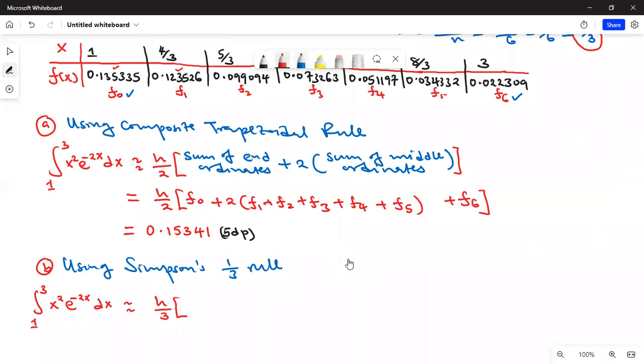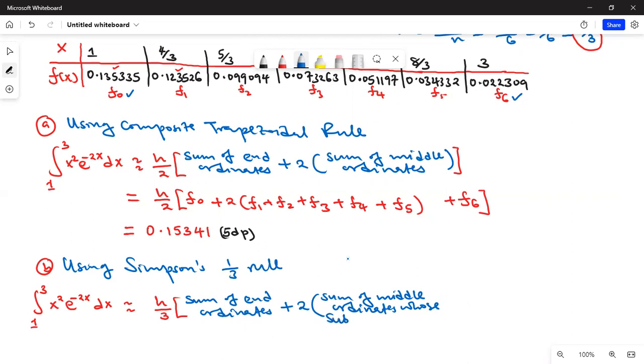Times, I want to state it in words, just like the trapezoidal one. It is the sum of end ordinates, end ordinates are f0 and f6, then plus twice the sum of middle ordinates whose subscripts are divisible by 2.